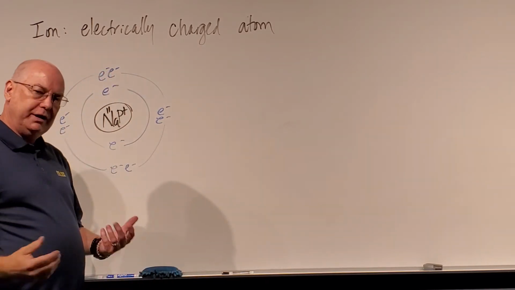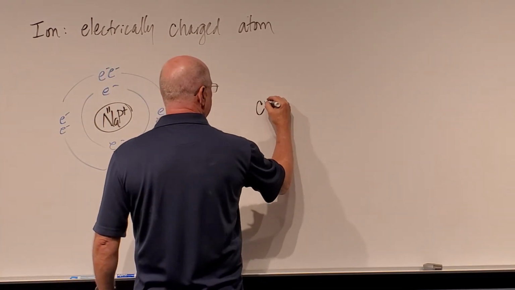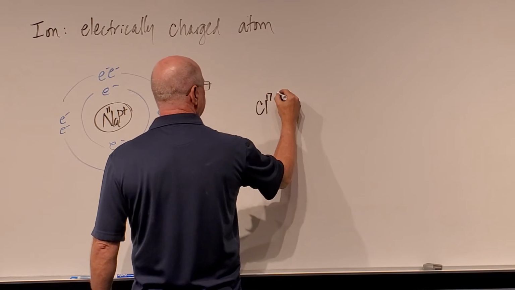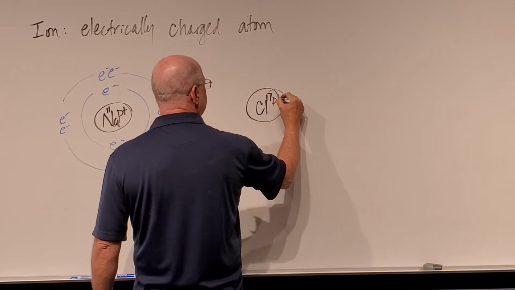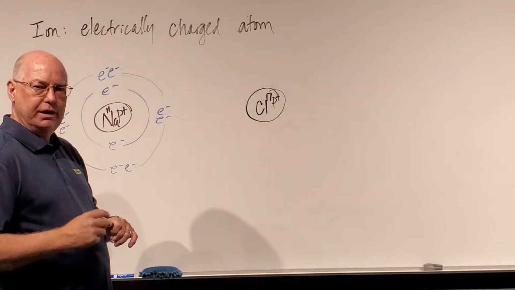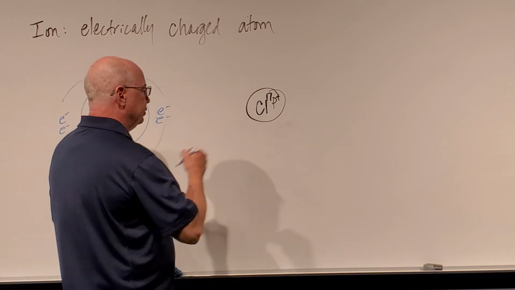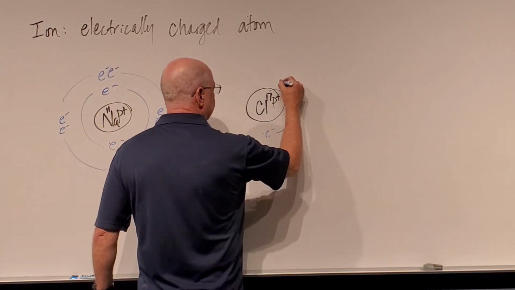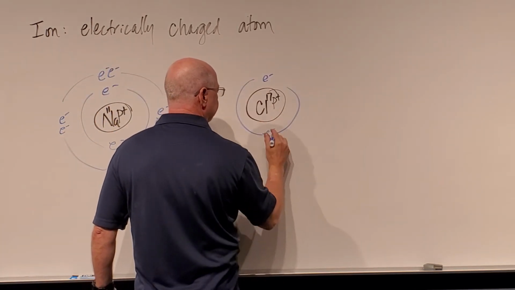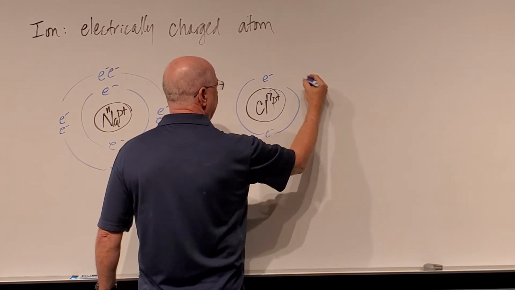Let's do the chlorine atom. When I look at chlorine, it has the atomic number 17. So it's going to have 17 protons in its nucleus. We're not going to worry about the number of neutrons right now. That means it's going to have 17 electrons in its orbitals. The first orbital can only hold up to 2. The second orbital can hold up to 8.